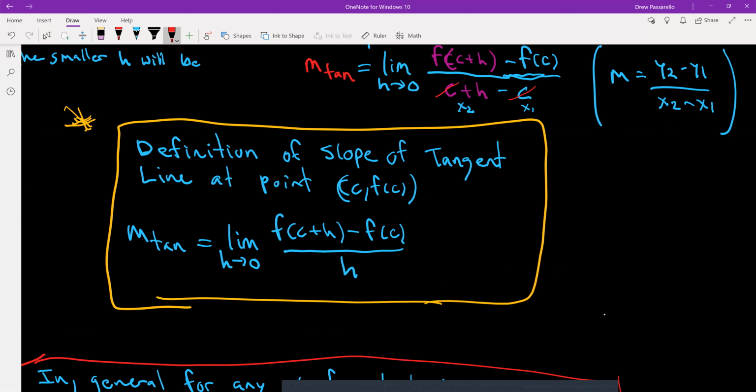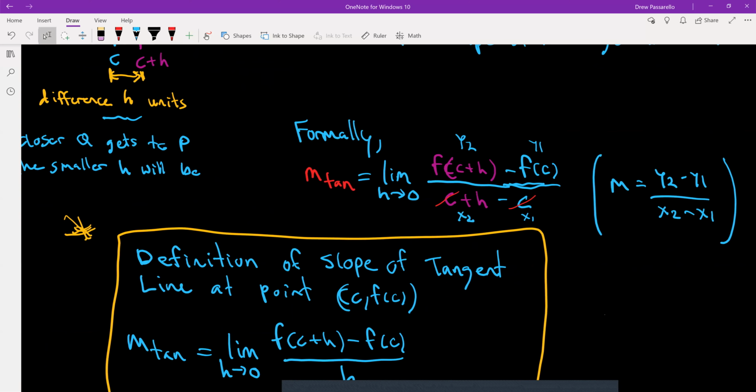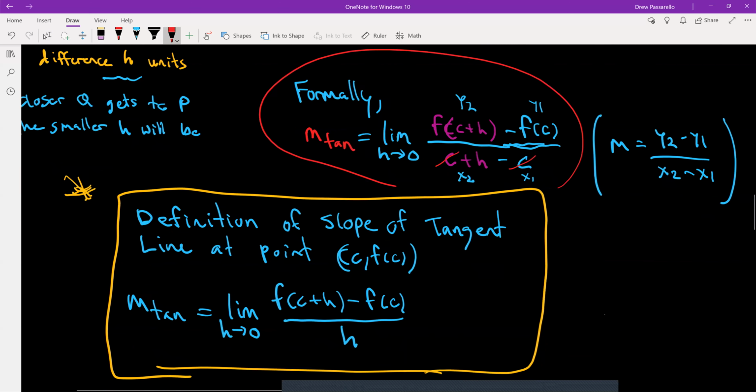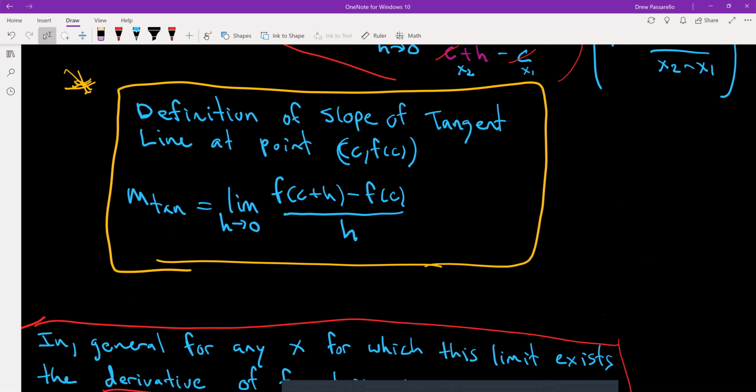So m tan, that's the slope of the tangent line, equals the limit as h goes to 0 of f of c plus h minus f of c, divided by h. So it's really just what I had above, but the c's canceled out. And that's a key definition you should write down that we will be using in the examples.